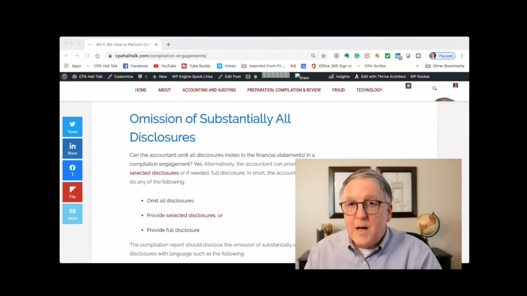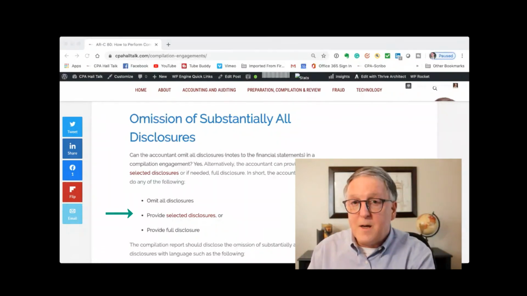Now, if you had a particular disclosure that your client desired to include, but say they wanted only that one disclosure, then you could have a selected disclosure page that would follow the last financial statement in the report.